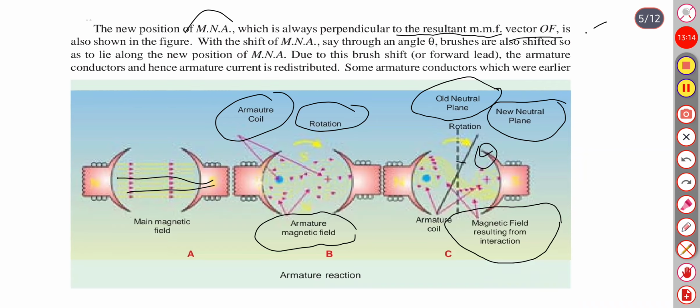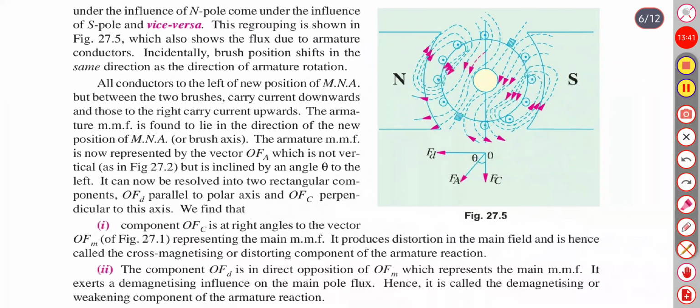With the shift of MNA by angle theta, brushes are also shifted so as to lie along the new position of MNA. Due to this brush shift, the armature conductors and hence the armature current are redistributed. Some armature conductors which were earlier under the influence of the N pole come under the influence of the S pole and vice versa.